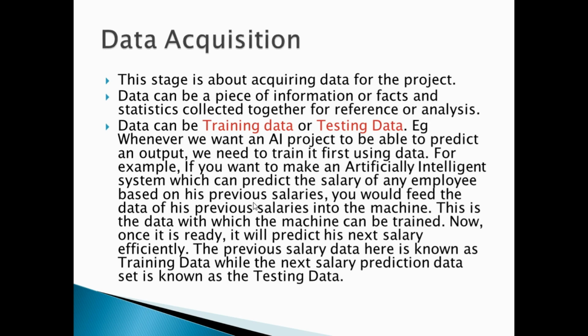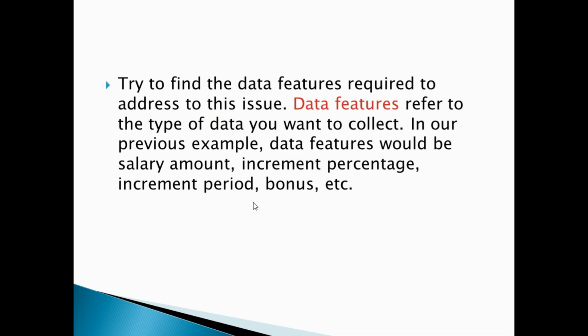So I feed in the last year's salary of that particular employee. Now that becomes the training data. And then I'm predicting his next salary. That will be my testing data. If it gives me the right figure, then my model has a good accuracy. So there is training data and testing data.